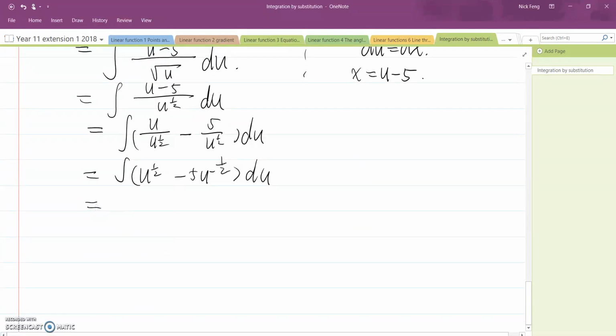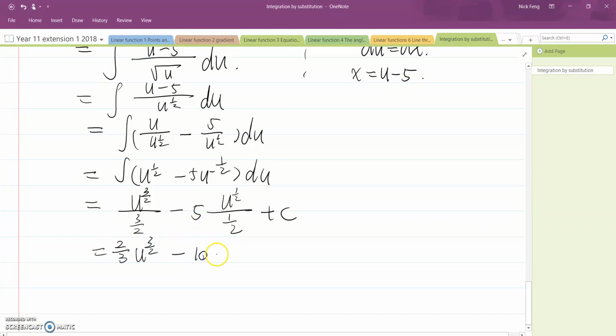So the integral of u to the power of half is u to the power of 3 over 2, over 3 over 2, minus 5 times u to the power of half over half, because negative half plus 1 is half again. That will give us 2 on 3, u to the power of 3 on 2, minus 10 u to the power of half, plus c.